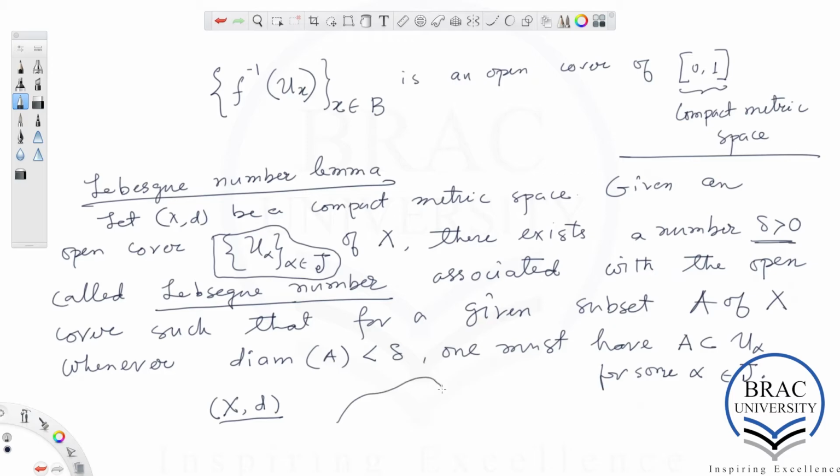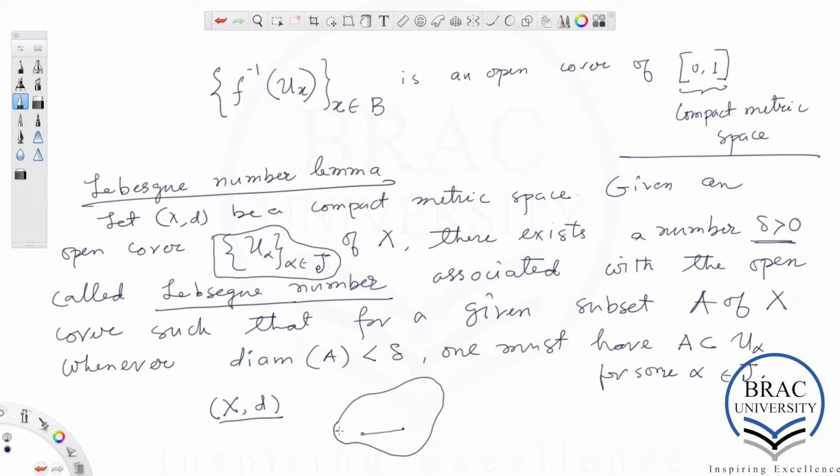If this is a set, then I choose 2 points and find the distance between those 2 points, and the supremum over all such distances is going to be the diameter of the underlying set.